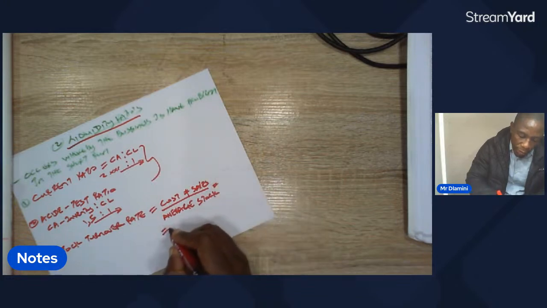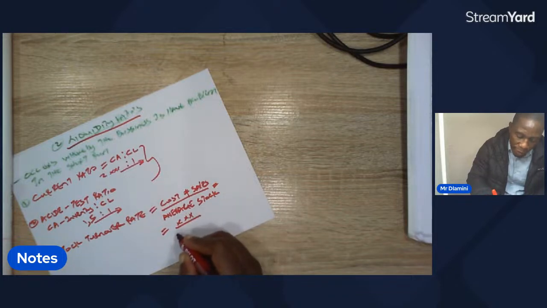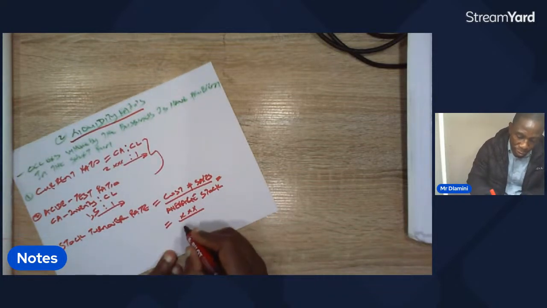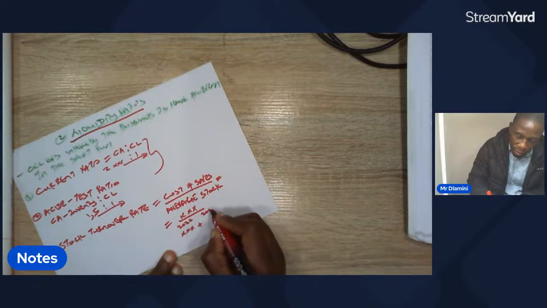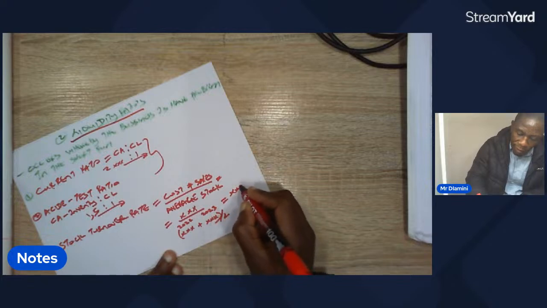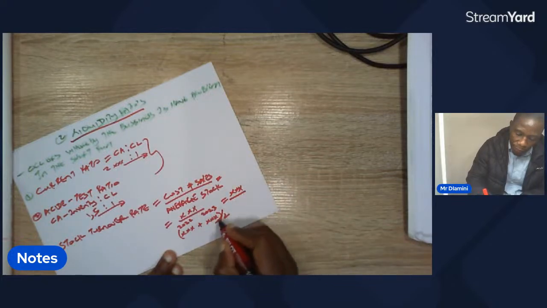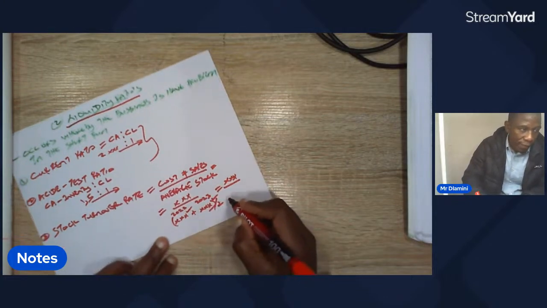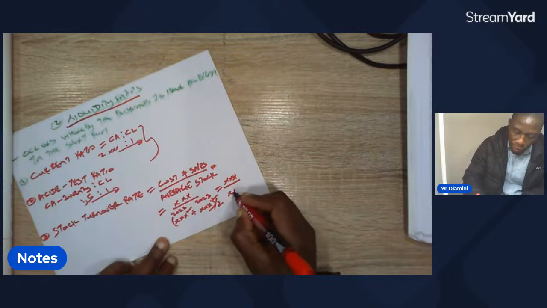So now you record your figure of your cost of sales, and then the average stock, which means the trading stock of last year, 2022, plus 2023, the stock of this year, you divide by 2. So you have cost of sales as a numerator. You add the stock of last year plus this year, you divide by 2, you get your answer.